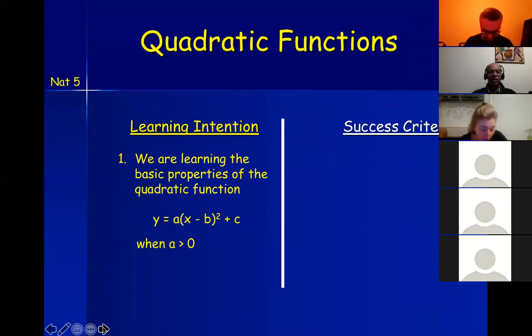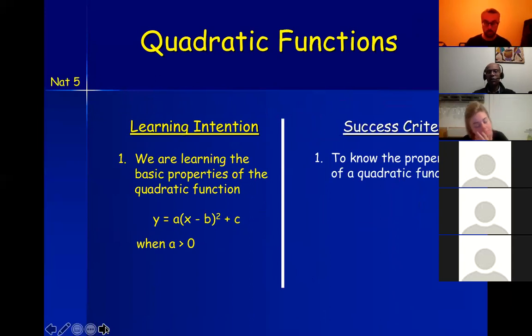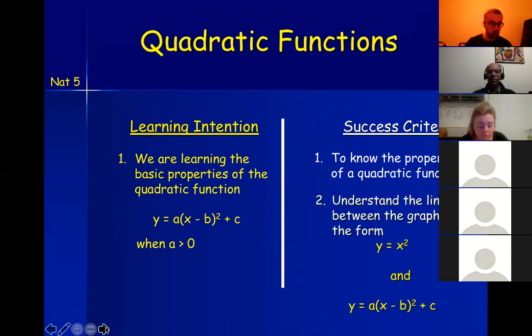Okay, so let's have a look at what we're looking at today. The basic properties of a quadratic function. So we've looked at them a wee bit when a is positive. So that's what we're going to look into in this lesson. Know the properties. We've looked at turning point, we've looked at intercept. So it's very much similar to that.